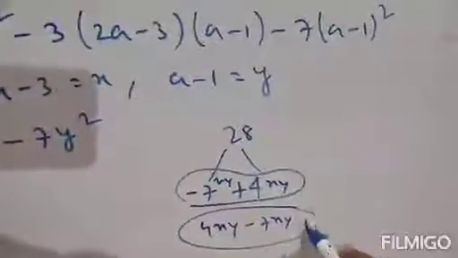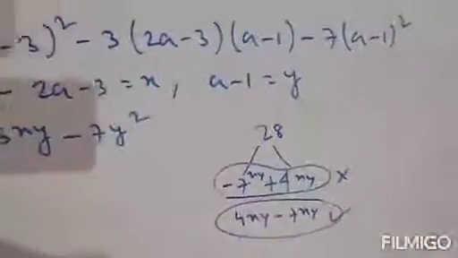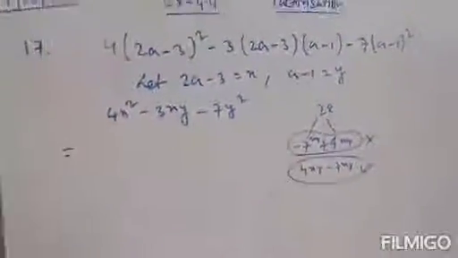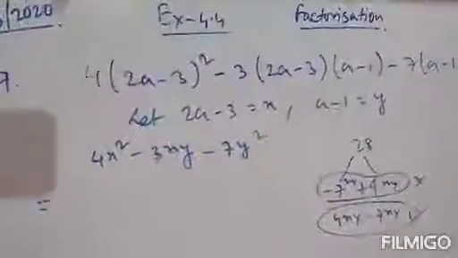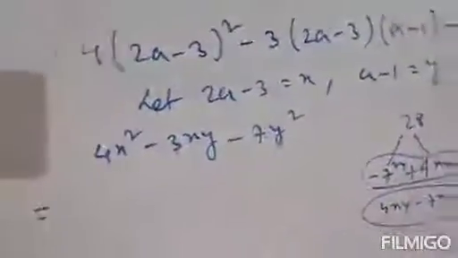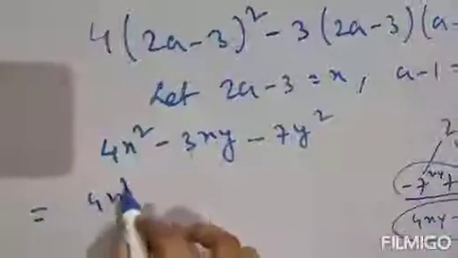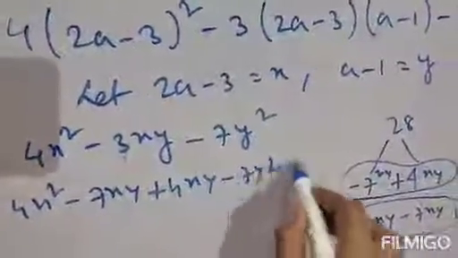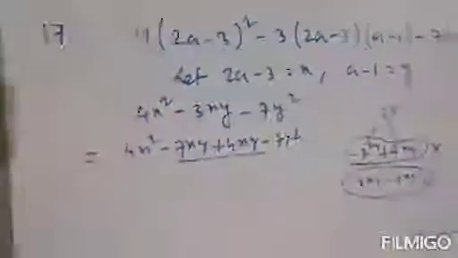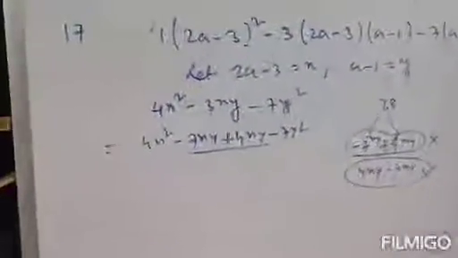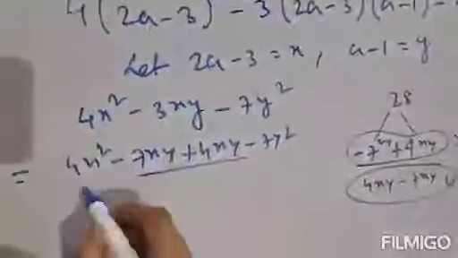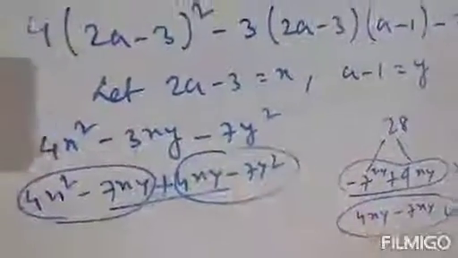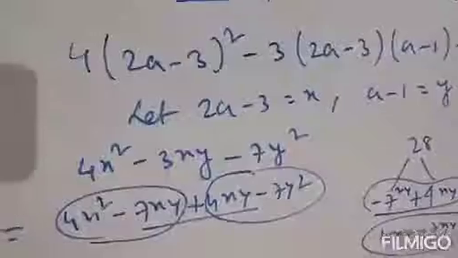But we will write this expression, not the other, because if you write -7xy first and then plus 4xy, then you cannot take common. What I mean to say is that if you write 4x² - 7xy + 4xy - 7y², and take common from the first pair and from the second pair, the two common parts will not be the same.